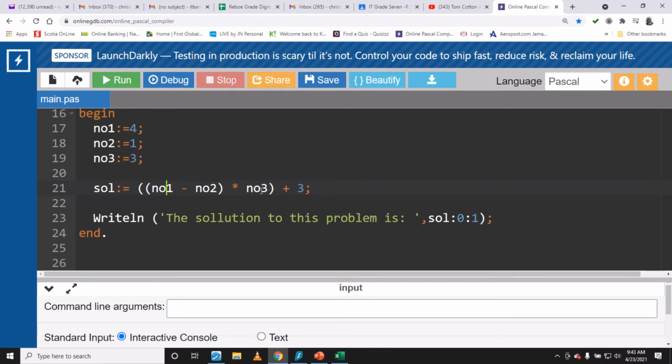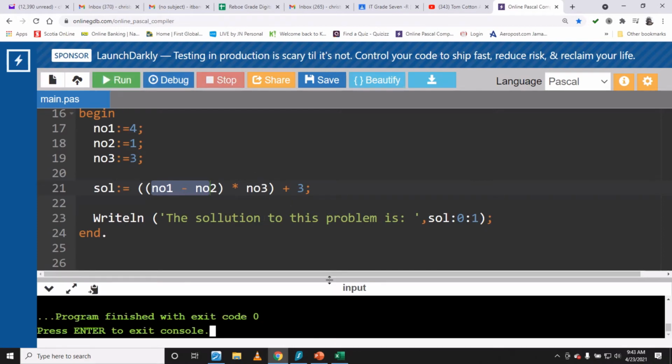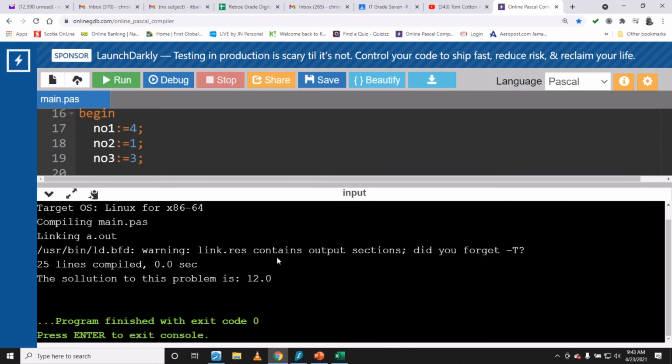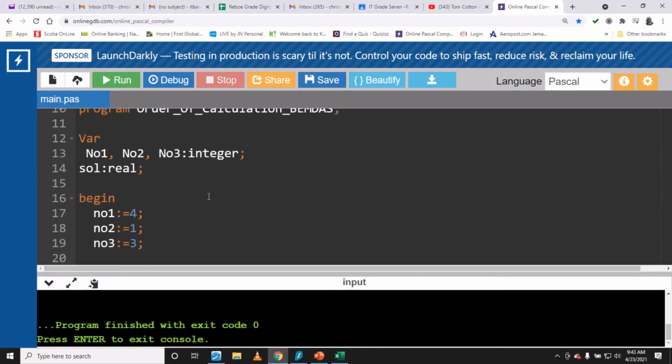Then we multiply 3 by 3, because that's num3, that will give us 9. Then we add 3 more to that 9 and we get 12. Let's run that and see what we get for the answer. 12, or rather 12.0, because this is still set to real floating point number.